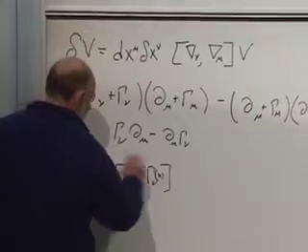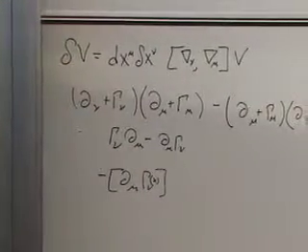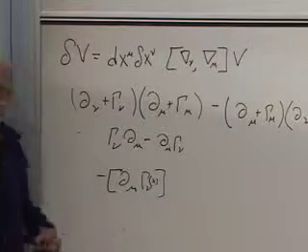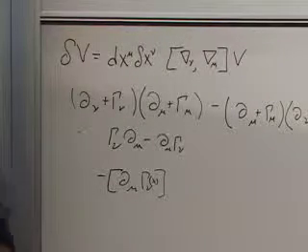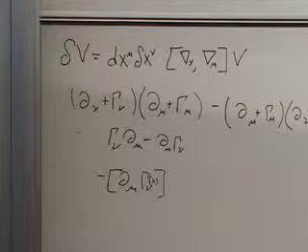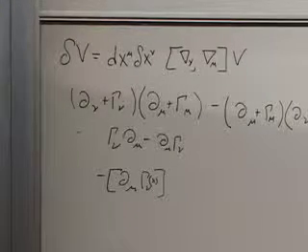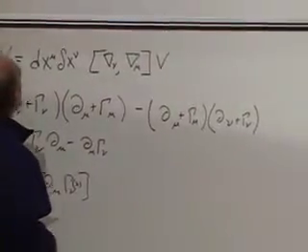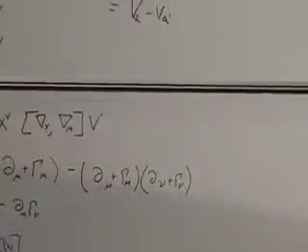Gamma nu is a function of x. D mu is just a derivative. What is this commutator? Now you have to go back and remember. There it is.